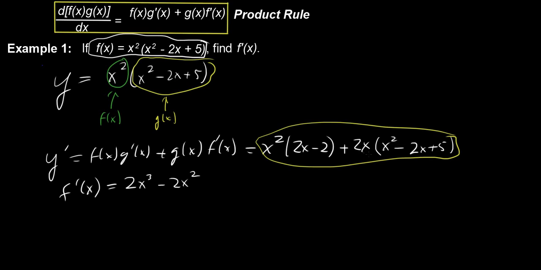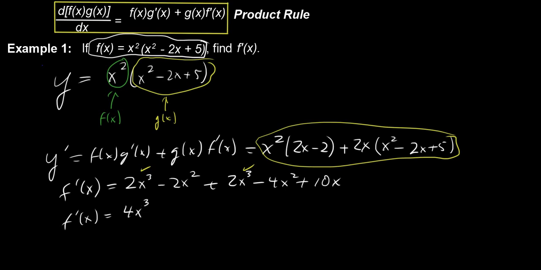And then when I distribute the thing in the back, 2x times what I have in paren there, I would have 2x cubed again. Let's see, 2x times minus 2x is minus 4x squared. And then I have 2x times 5, which is 10x. And then combining like terms, I've got 2x cubed, and then another 2x cubed. So it looks like I have 4x cubed.